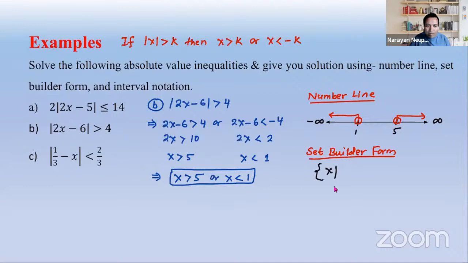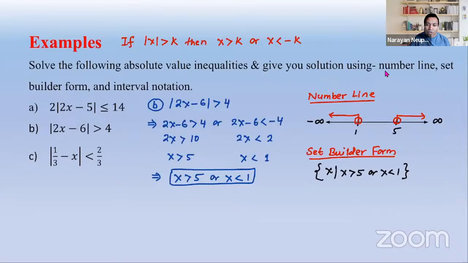So whatever is here, we'll put it here. So we have x greater than 5 or x less than 1. That is the solution using set builder form.